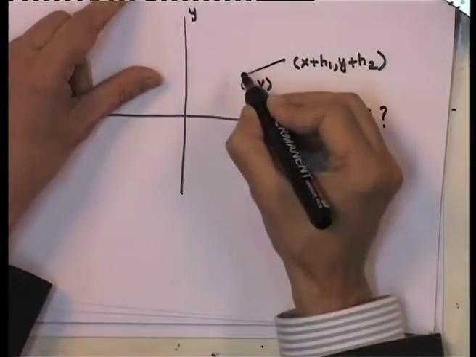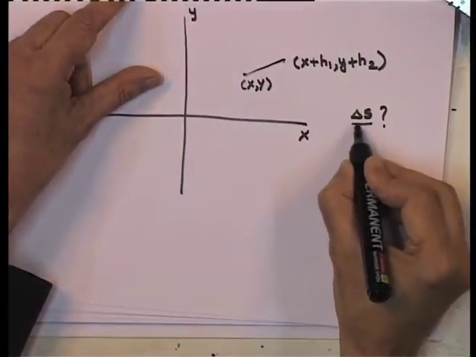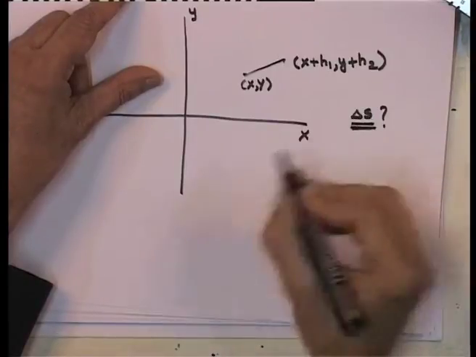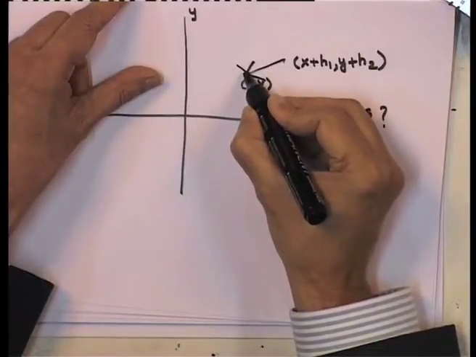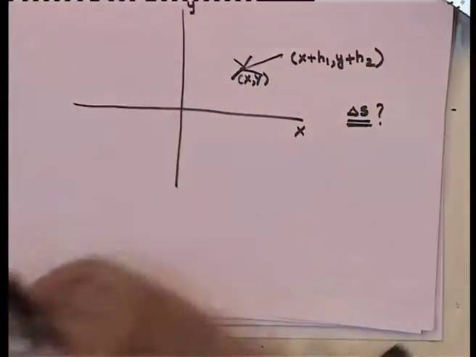But here, once I am told that I have to move by an amount delta s, I can move in any direction. In other words, it would depend upon the direction in which I move.